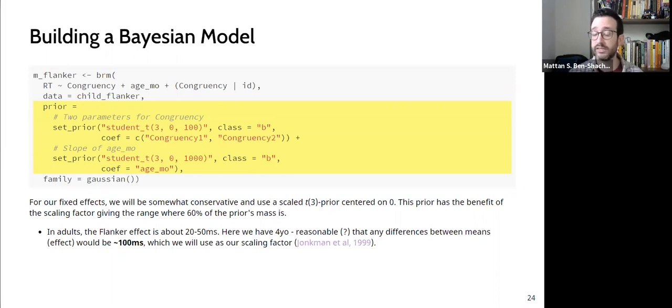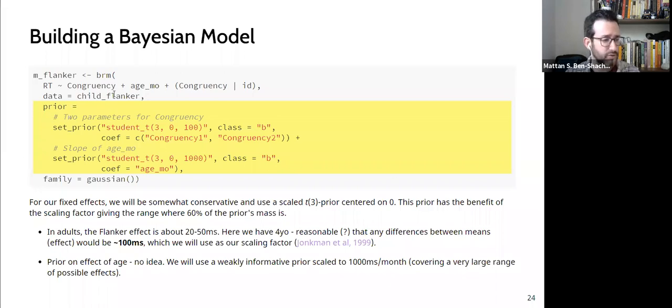So I'm going to be using a scaling factor of 100, which means that I'm assigning a prior probability of 60% that any difference between any of the 3 groups is between -100 and +100 milliseconds. But I'm also allowing for more extreme results than that, right? But it's not very probable that they're very extreme. I'm not using a very wide prior here. I'm using a relatively narrow prior.